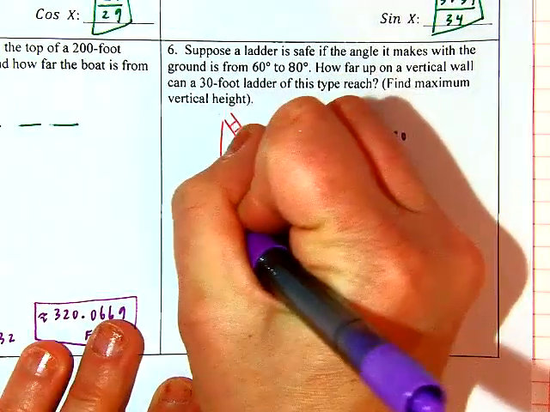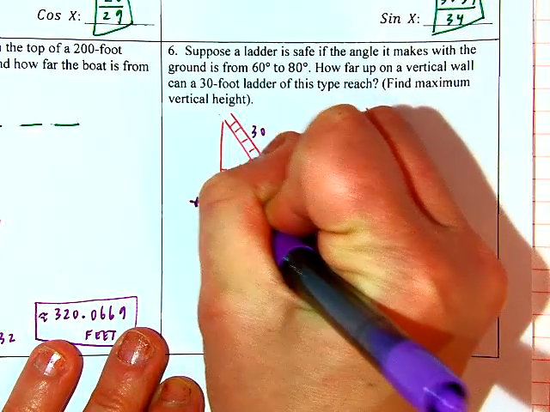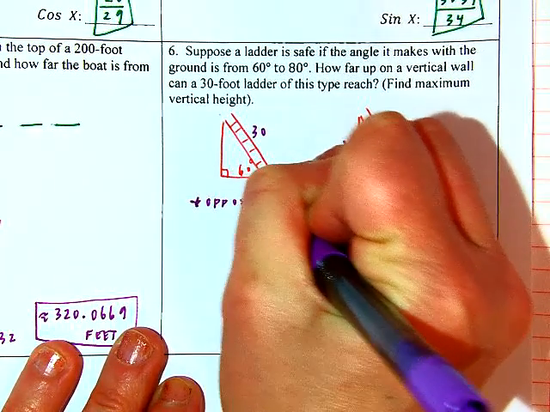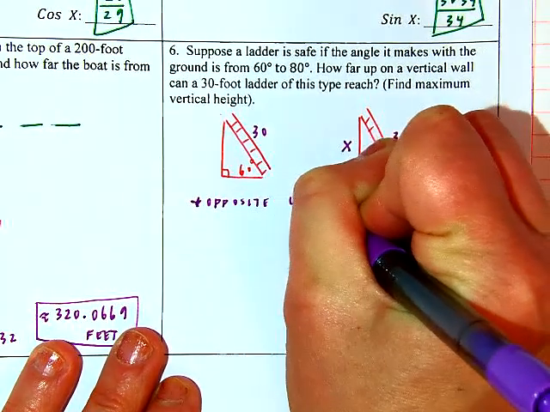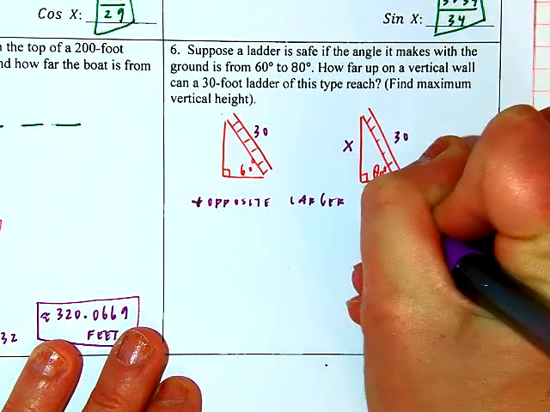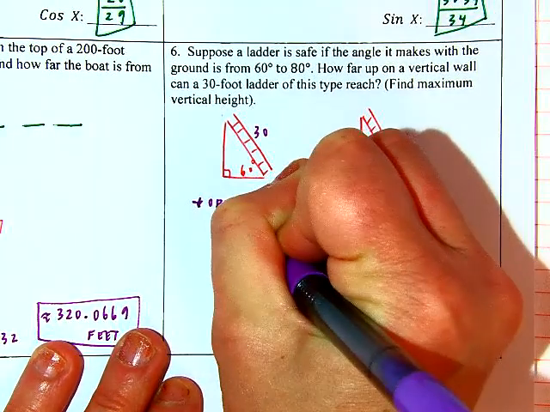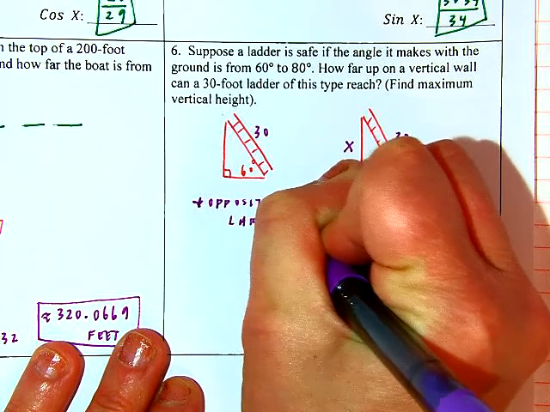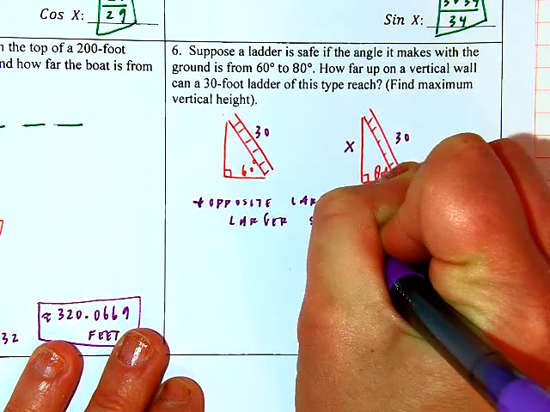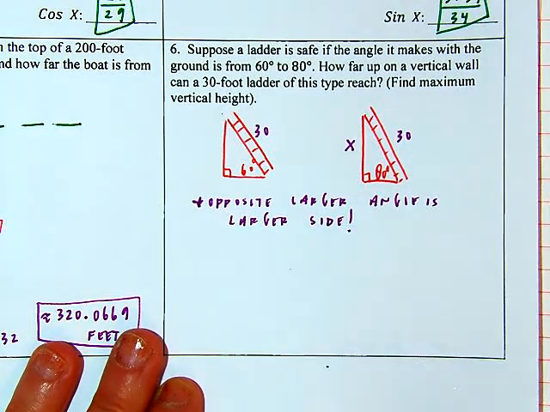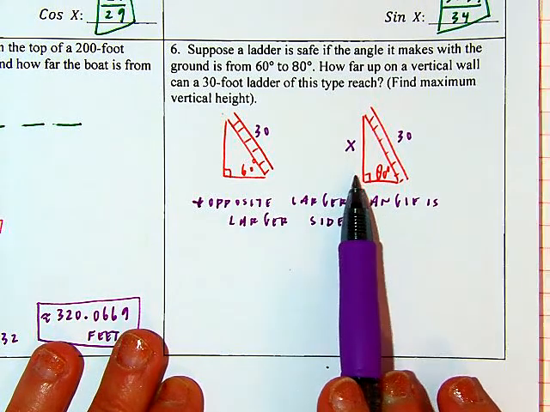I'm going to remind you that opposite a larger angle is a larger side. So the maximum vertical height will come from over here.